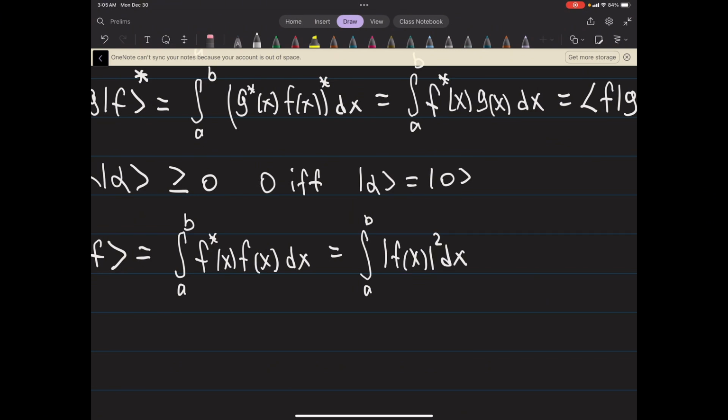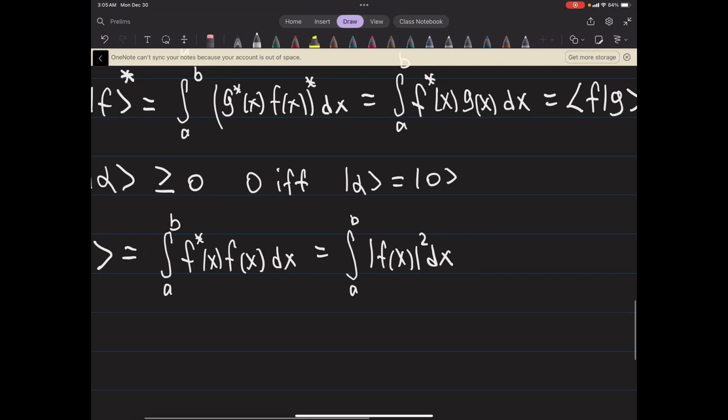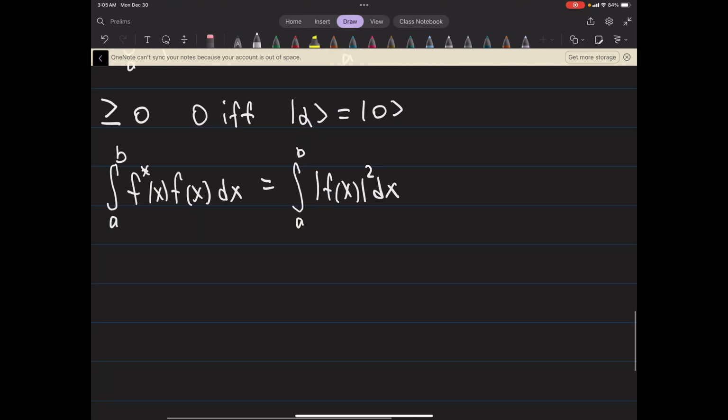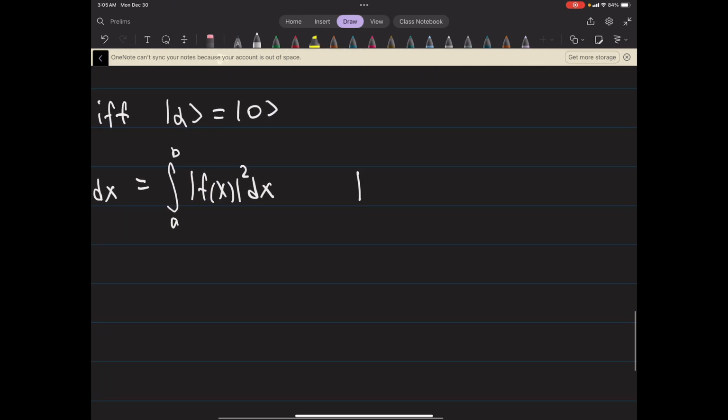But we know that modulus f of x squared must be greater than or equal to 0. So since that's greater than or equal to 0, we're going to be finding the area under some positive function, which means this whole thing is in fact positive.